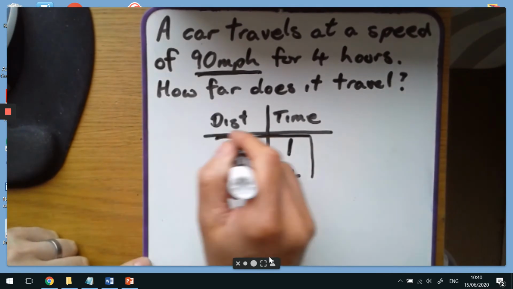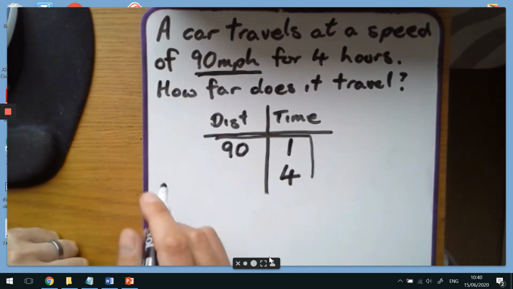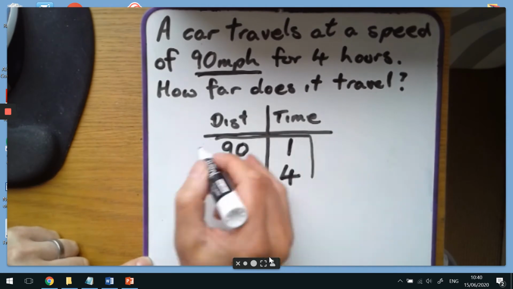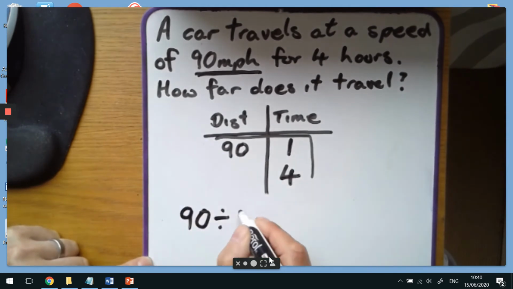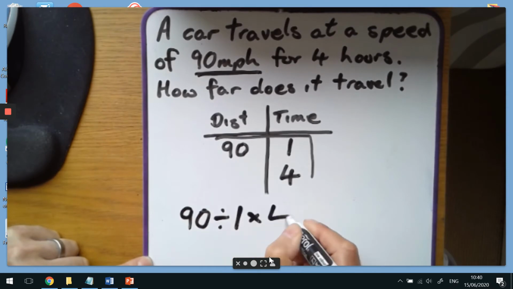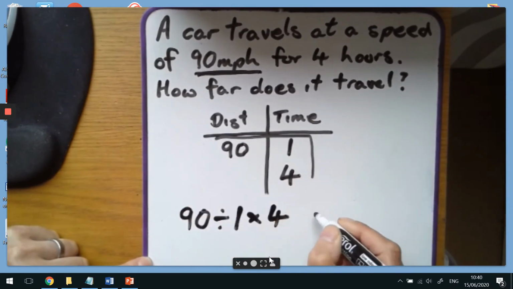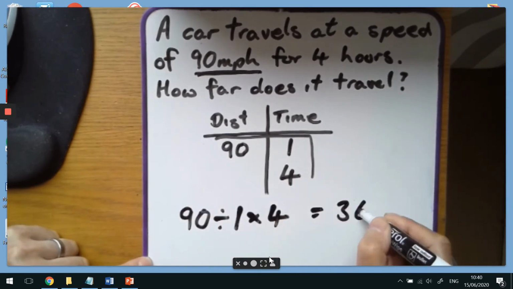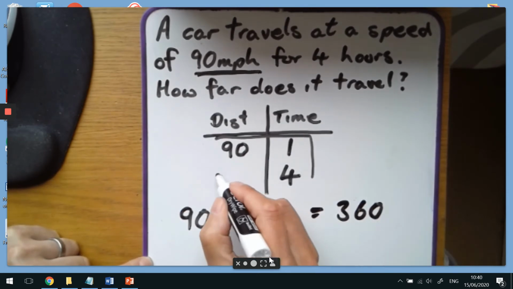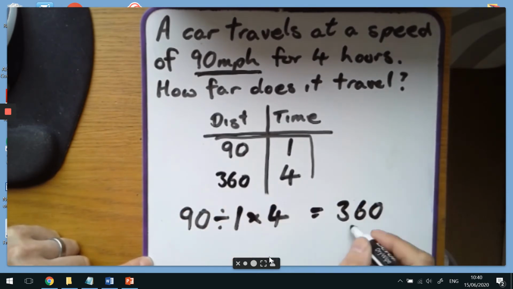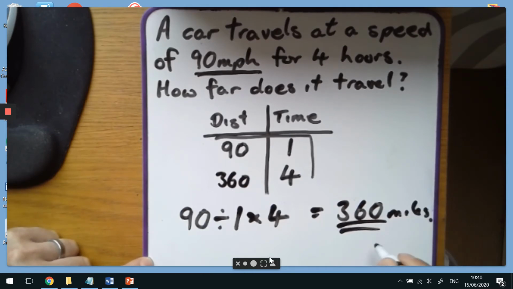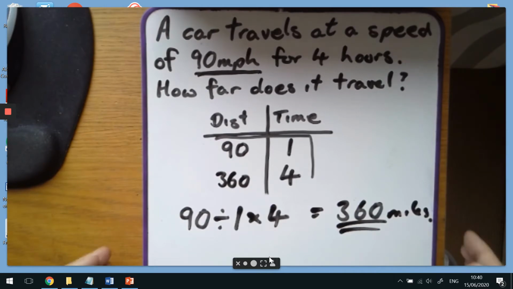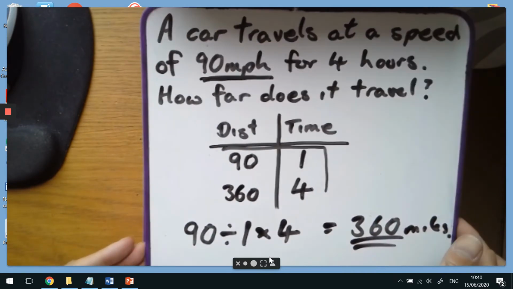So we draw the L and we can go either way. D means divide, M means multiply, DM. And that again is 360. We end up getting the same answer. So 360 miles is the answer to that one. So lay it out on a ratio table, and then you've got all your ratio table techniques.